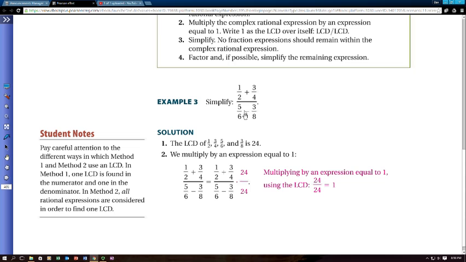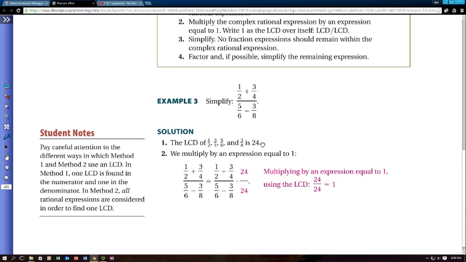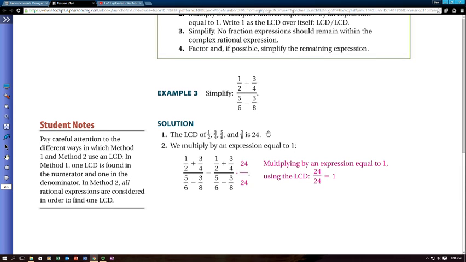The LCD is all the prime factors that are in here, and you only represent overlaps once. So here I have a 2, a 2, and a 2, and then I have a 3, so I end up with 2 times 2 times 2 times 3, which is 24.